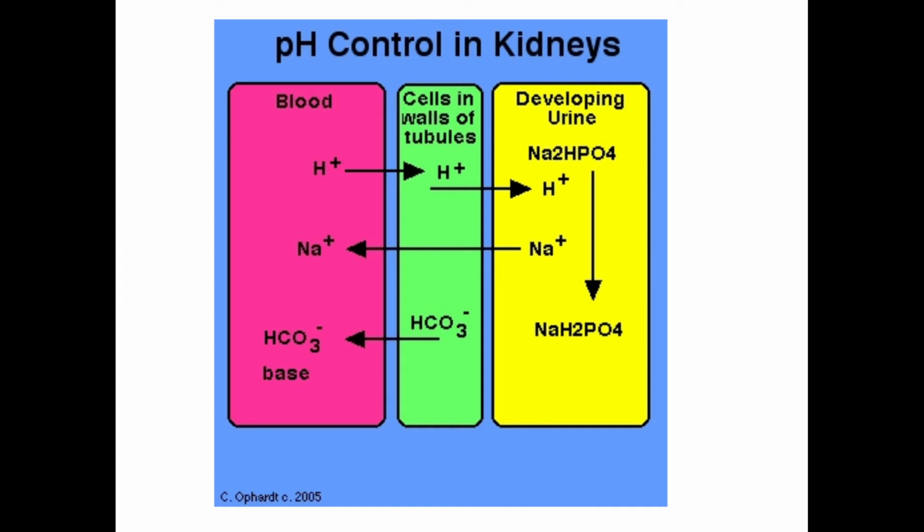So we have a slower, longer-term pH maintenance where we can modify this in the kidneys. In the kidneys, we can affect the amount of H+ that goes out in the urine and the amount of bicarbonate, which on its own is a base, that goes out in the urine.